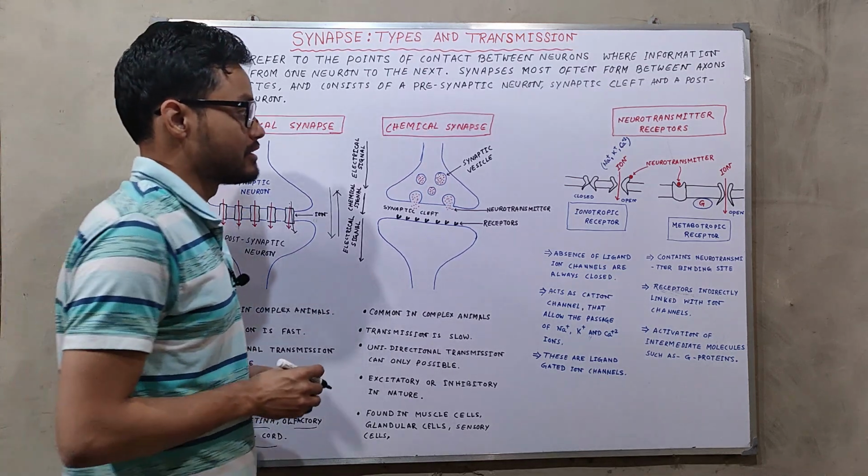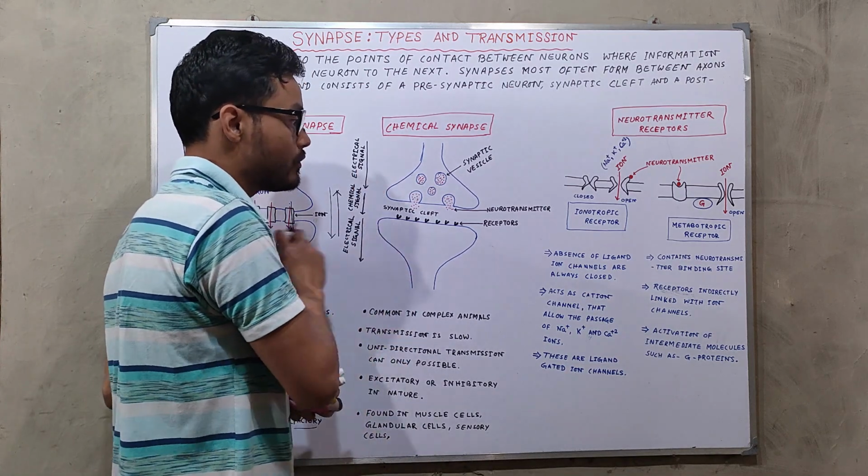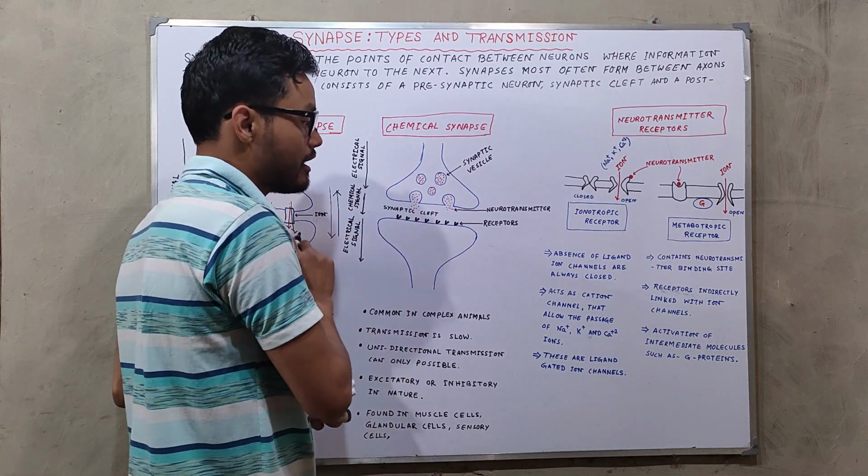Now the chemical synapses. In chemical synapses, the pre and postsynaptic neurons are separated from one another.